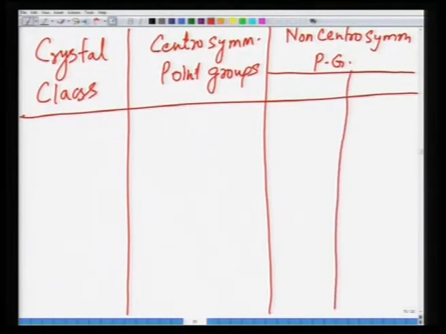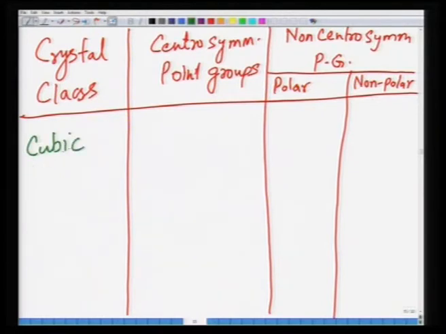In the non-centrosymmetric point groups, again you have two different groups. So, here I can divide this in two parts. One would be polar and one would be non-polar. So, some materials, despite being non-centrosymmetric, happen to be non-polar, and let us start with cubic.